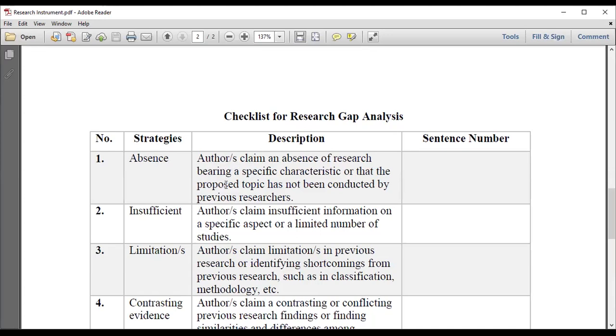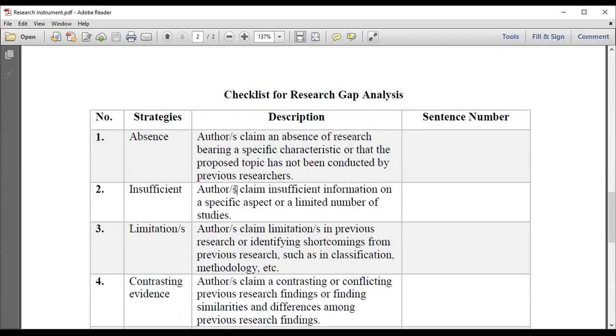If the authors mention there is no study on this topic ever conducted before. Number two, if the authors mention that there are very few studies, or very little or insufficient information on the topic, ever written or conducted on the same topic. So absent is no study, insufficient is very few studies.